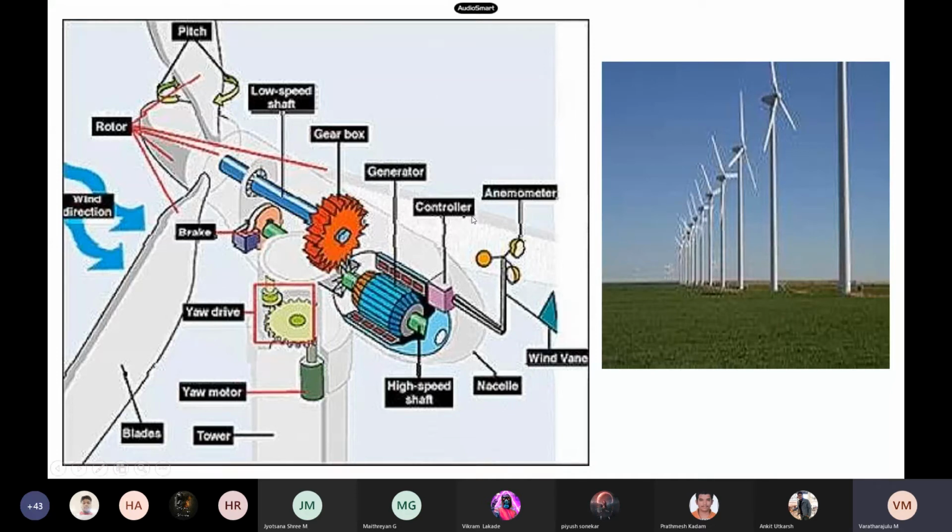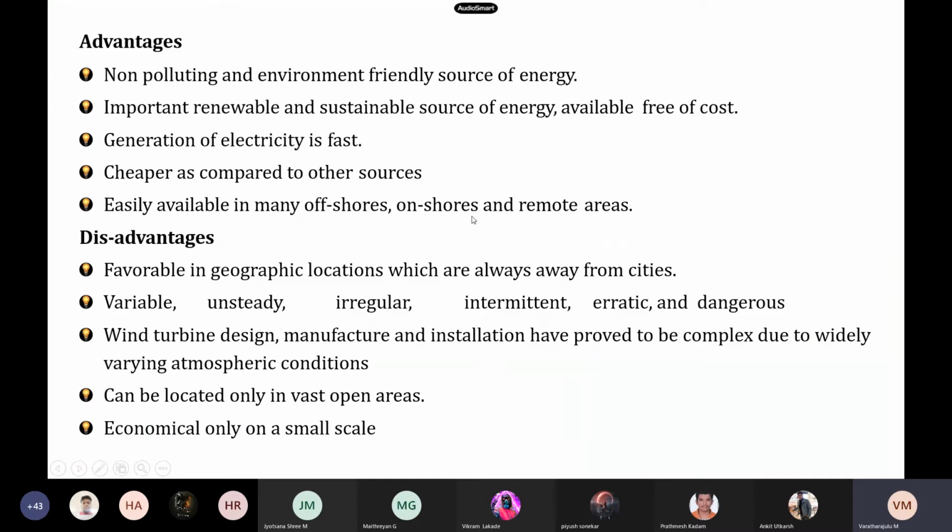It has its own advantages and disadvantages. It is a non-polluting and environmentally friendly source of energy. It is an important renewable source of energy, and generation of electricity is fast when we have an ample amount of airflow.